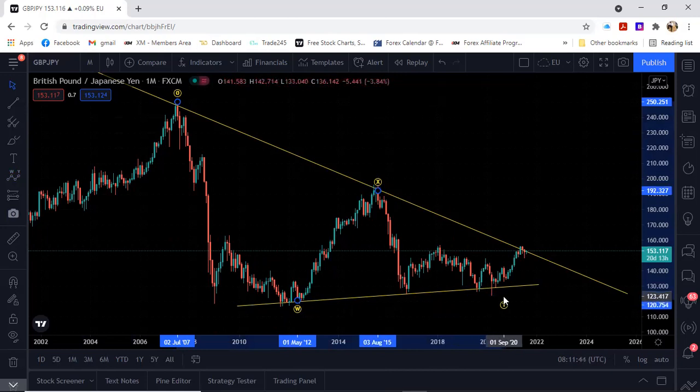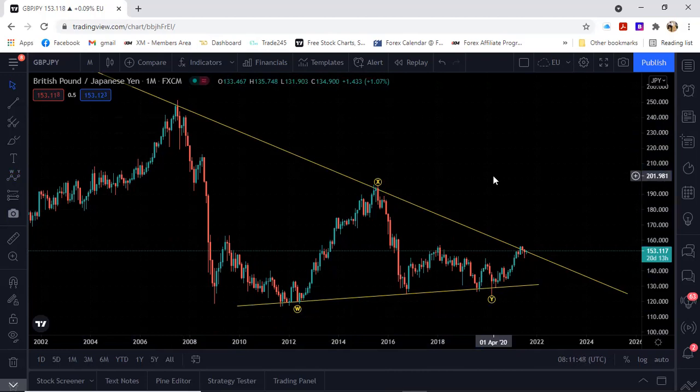This type of correction normally happens in a wave 2. Of course, it can also happen in a wave B of a zigzag, and it can also happen in wave 4 as well. Which case it is, WXY.